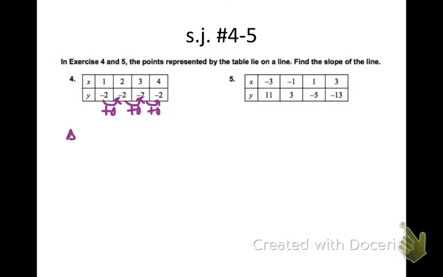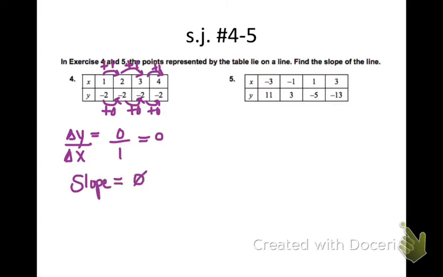So our change in y is equal to 0. We're putting that over the change in x, which is going up by 1. So the change in x is 1, and this is equal to 0. So the slope equals 0. It's a horizontal line.